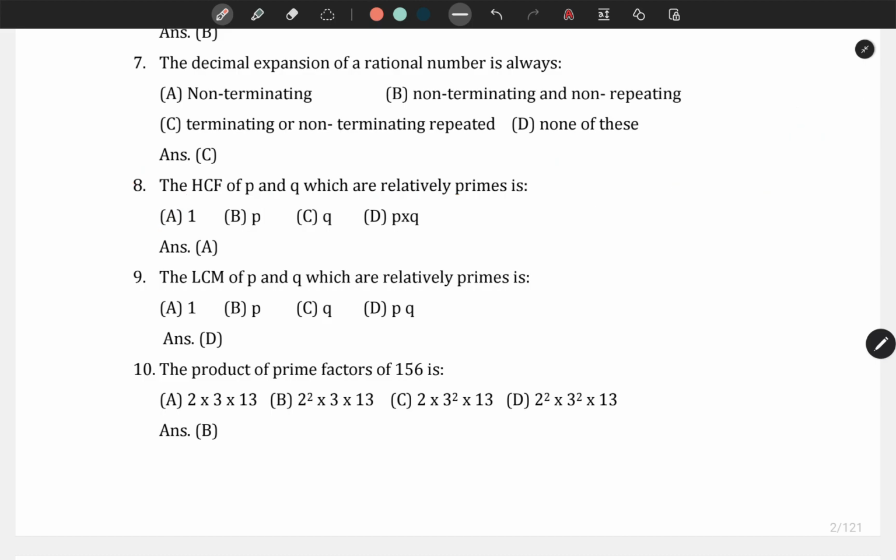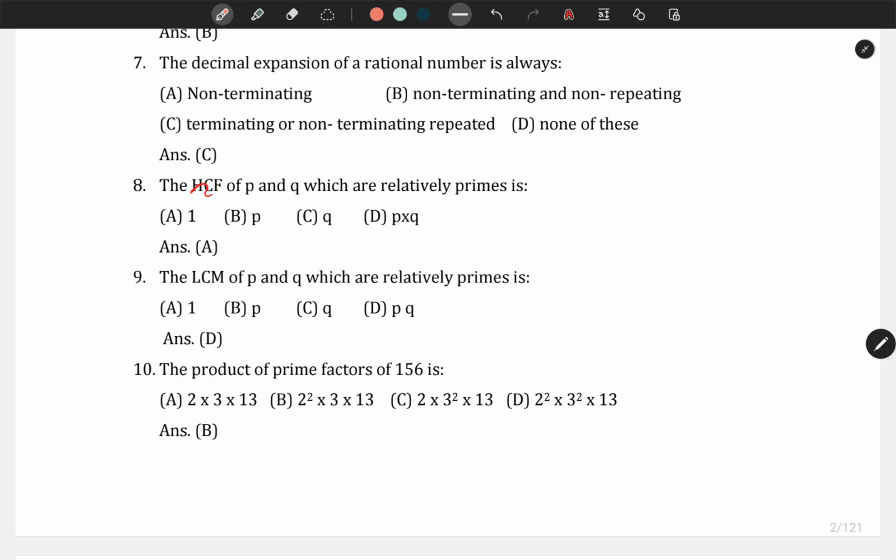But what will be the LCM of these two numbers, supposing 25 and 12? In order to get the LCM, you just have to multiply, because nothing is common here. So the LCM of two relatively prime numbers is always the product of the two numbers. In this case, this is the product, P into Q.